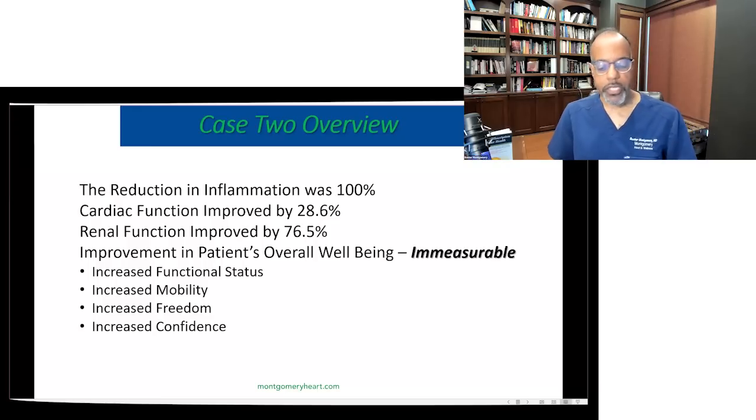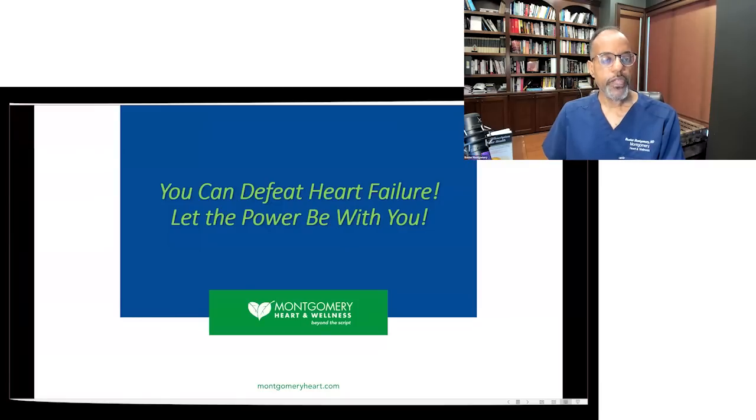In this approach, these numbers get just as improved, but the patient is also not suffering from the comorbidity of the treatment. So heart failure can be defeated, and we have the power to do so.